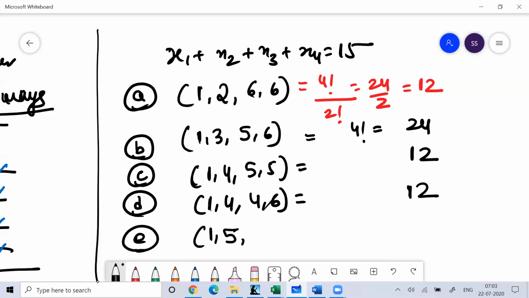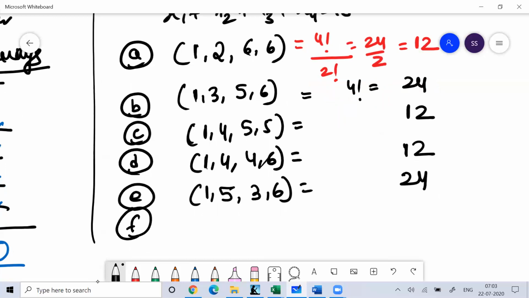For sum 9, you get 3 comma 6, so this is 24 ways. But 1 5 3 6 already came, you have already used it here. So for 9, what is the other way? 3 comma 6, 6 comma 3, then 4 comma 5, 1 5 5 4, that is also already used.